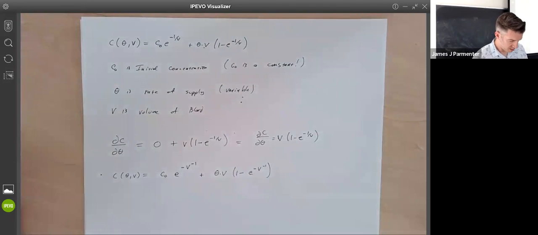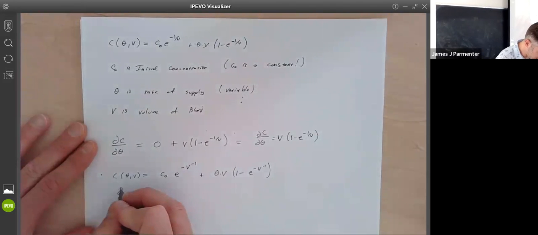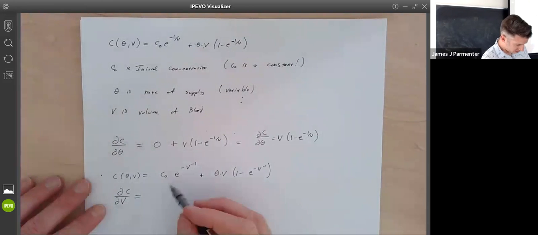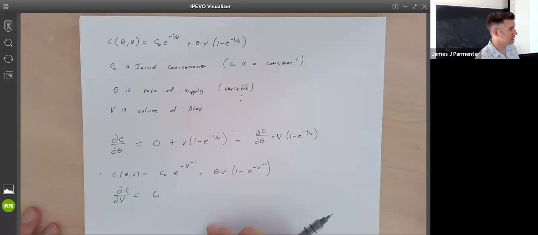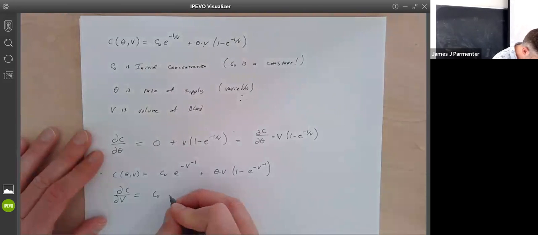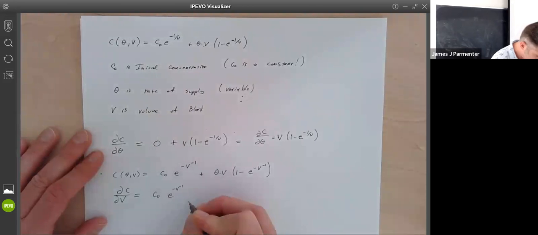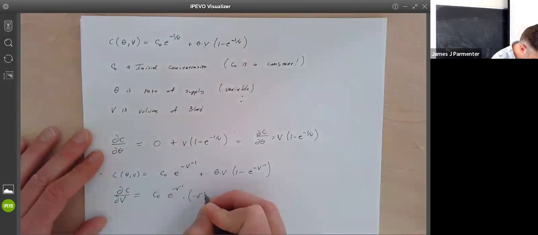So if we start taking the partial with respect to v, the constant hangs out. What's the derivative of e to the stuff? The derivative of e to the stuff is e to the stuff times what? Thank you. It's exactly what I was hoping for. So we're going to have e to the this times the derivative of that.